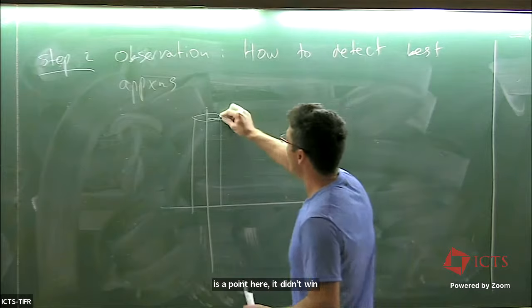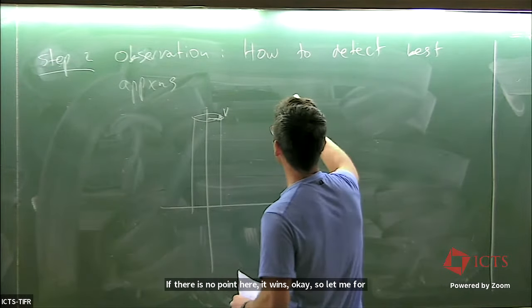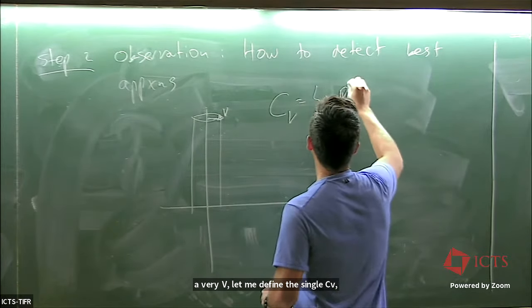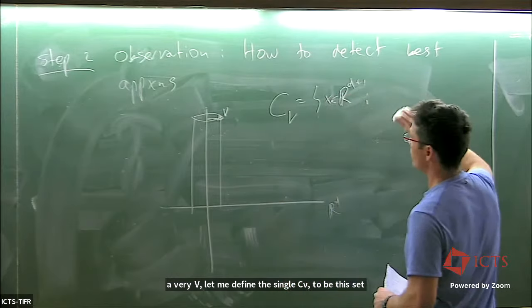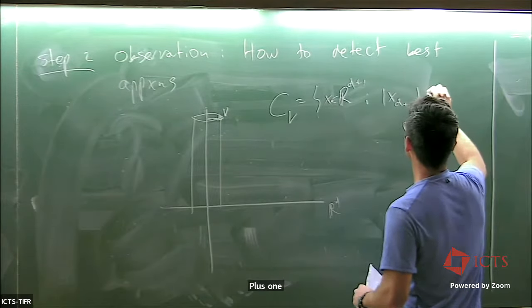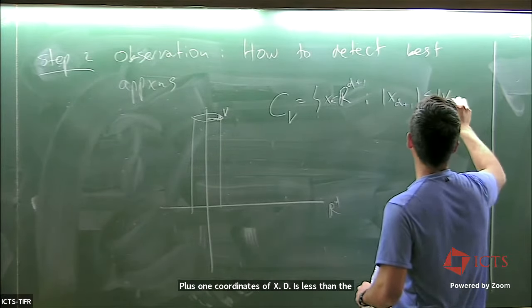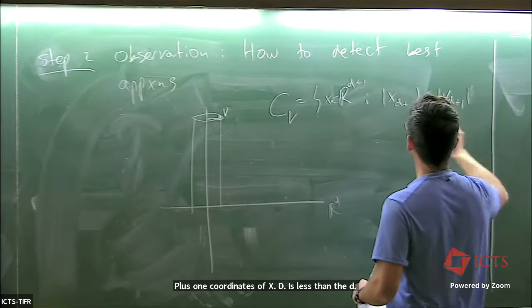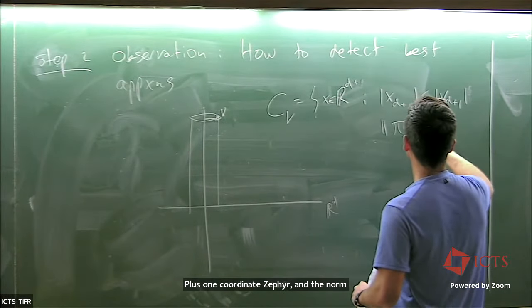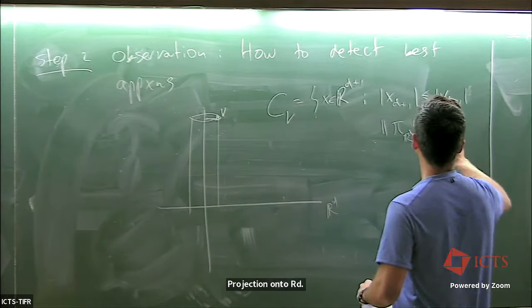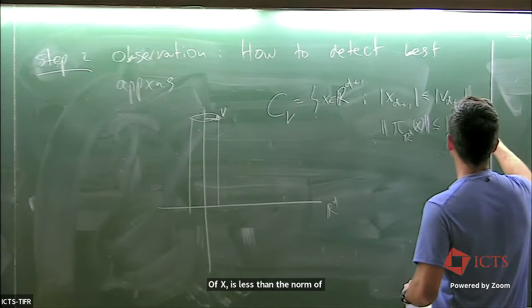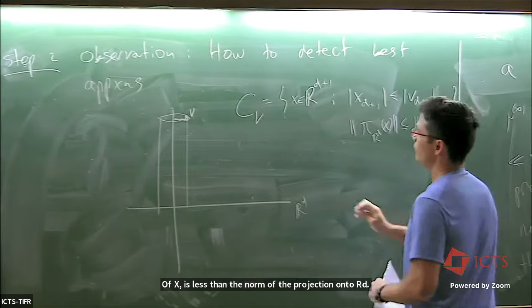So for a vector V, let me define the cylinder CV to be the set of x's in Rd plus 1 such that the d plus 1 coordinate of x is less than the d plus 1 coordinate of V, and the norm of the projection onto Rd of x is less than the norm of the projection onto Rd of V. This is a formal definition of this cylinder.